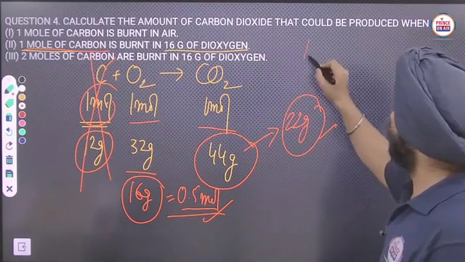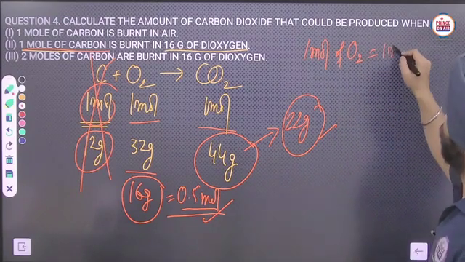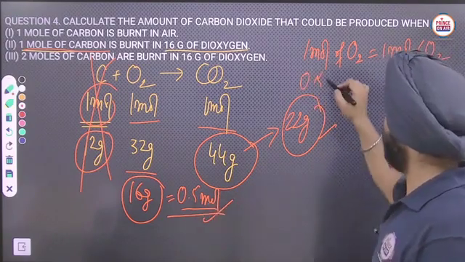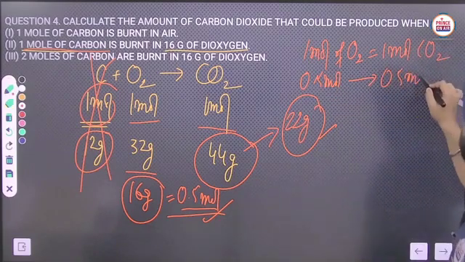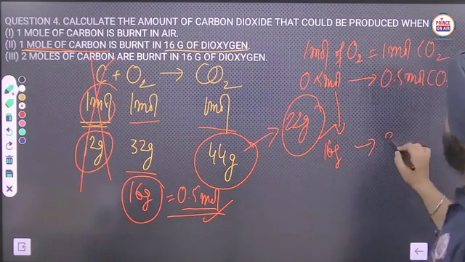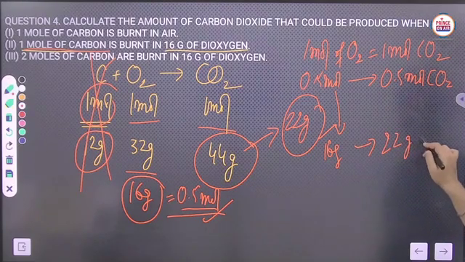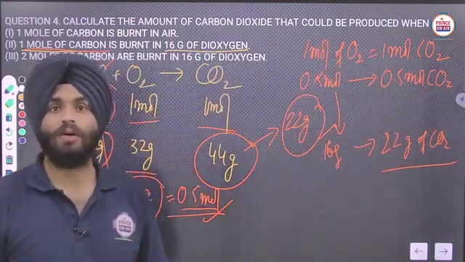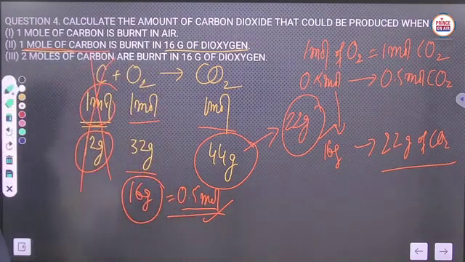Here half mole is 16 gram of oxygen, so 22 gram of carbon dioxide will be produced. That is what they are asking, the amount of carbon dioxide produced. So the answer is 22 gram of carbon dioxide.